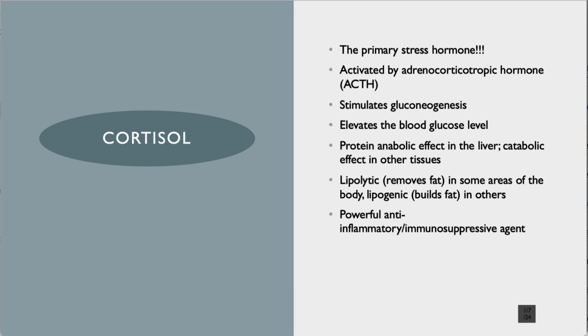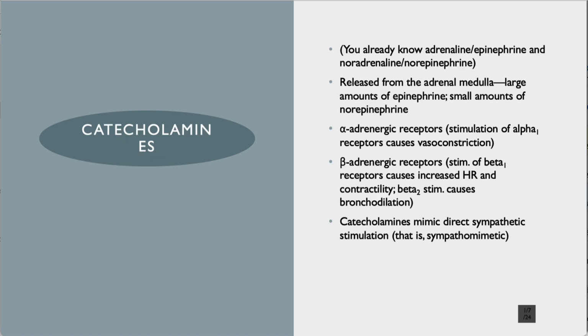That's why you get that weird moon face and the buffalo hump with chronic cortisol conditions. And then there's this powerful anti-inflammatory and immunosuppression that occurs with cortisol too. So that is the stress hormone. Cortisol is the stress hormone. Never forget it.